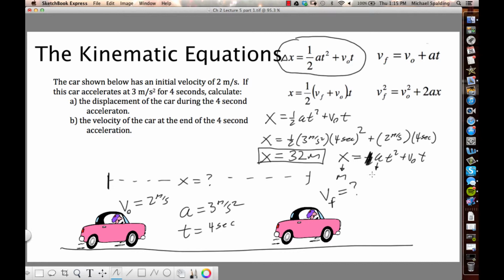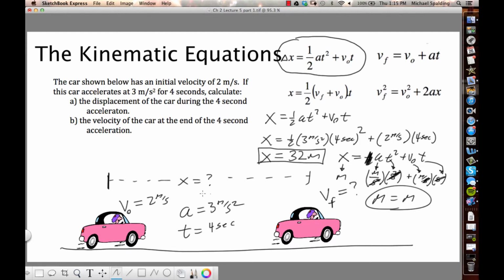Acceleration is meters per second squared. Time is seconds, but we're squaring it, so that's second squared. Velocity is meters per second, and then time is seconds. What happens to the second squared? The seconds cancel, and we end up with meters on the left and meters on the right. So it works. It comes out in meters.